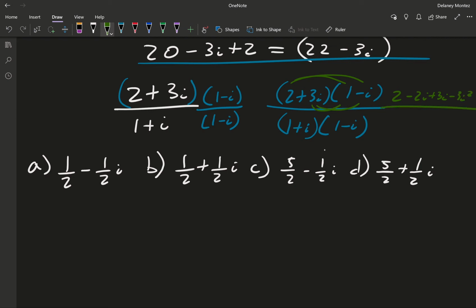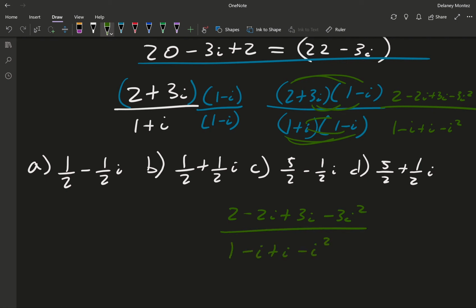On the bottom, 1 times 1 is 1, minus i, plus i, and then minus i squared. Okay, so I'll write it down here: 2 minus 2i plus 3i minus 3i squared over 1 minus i plus i minus i squared.